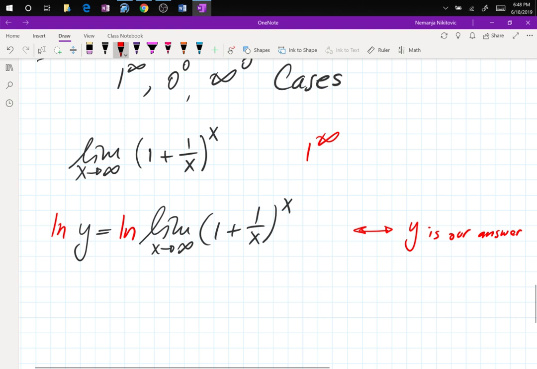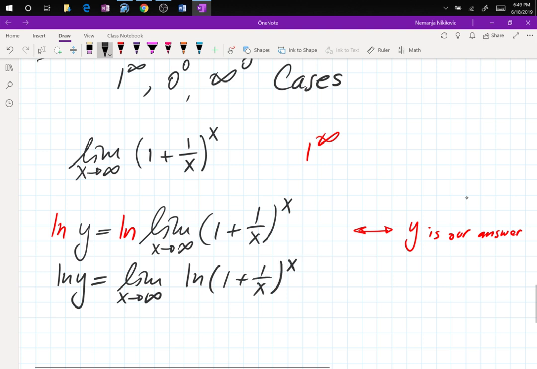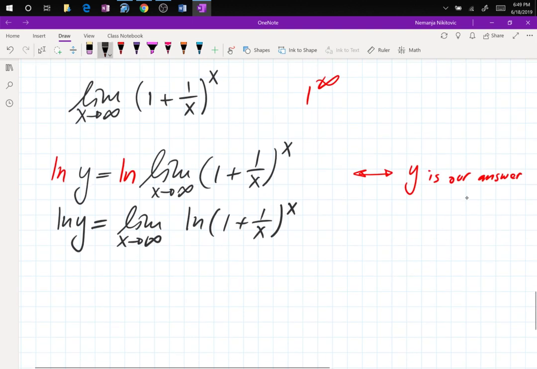Then we ln both sides. We need to calculate it. Now, we're going to kick the limit in front, and then use your favorite power rule to bring x in front of ln.